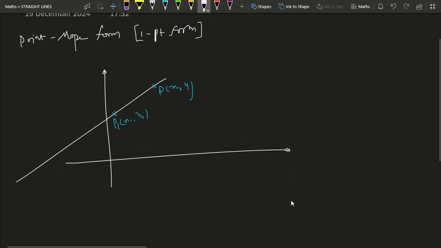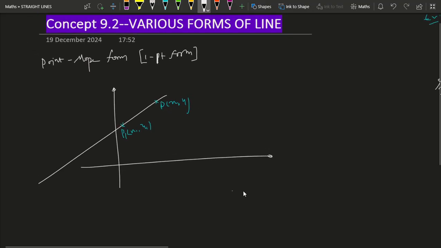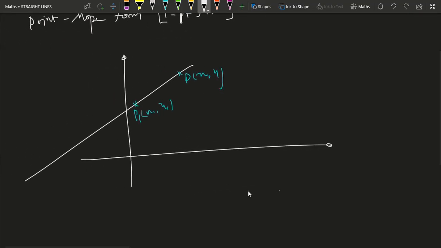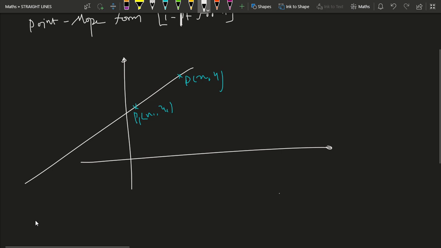So what is the slope formula? Slope of P1 (x1 comma y1) and P (x comma y).